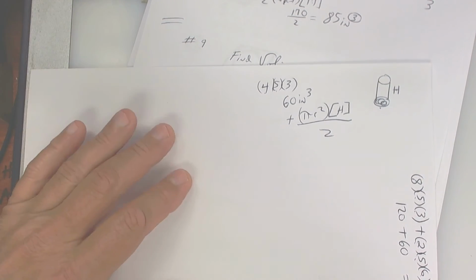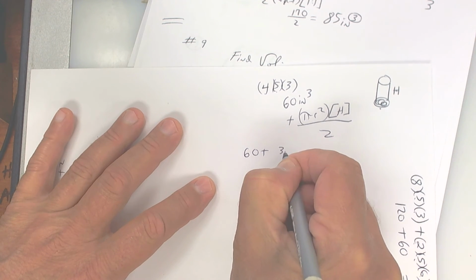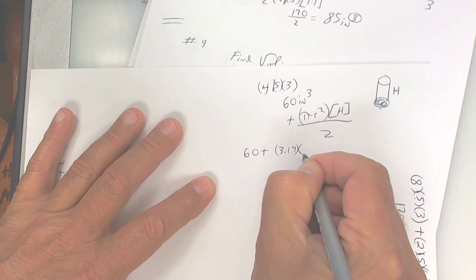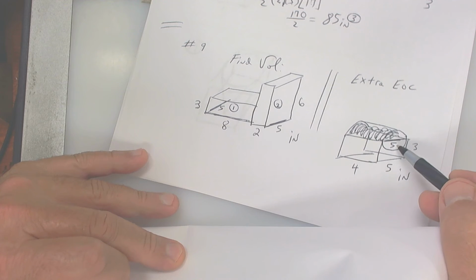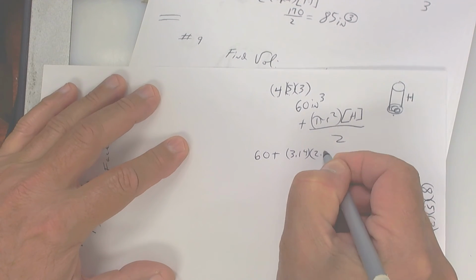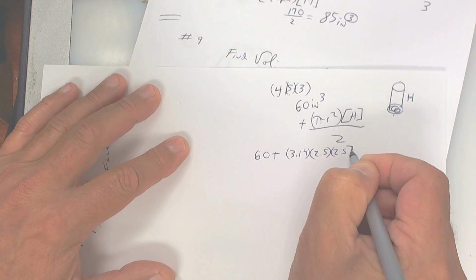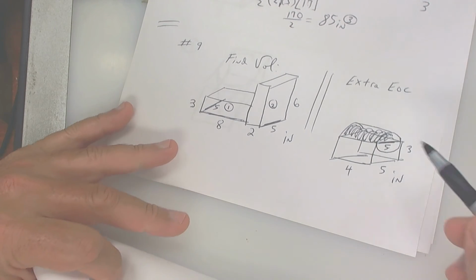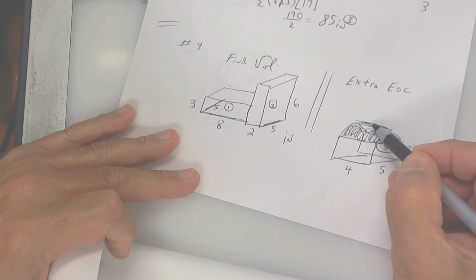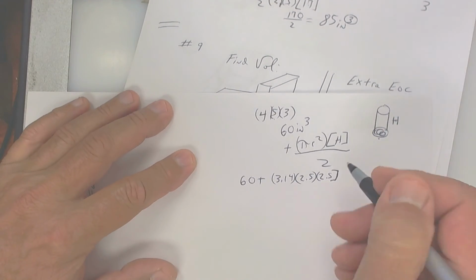So we're going to say 60 plus pi times the radius. The radius is half of that 5, which is 2.5. So it's going to be 2.5 squared times the height. And the height is from here to here, how long this thing is. And that's 4. So the height is 4.